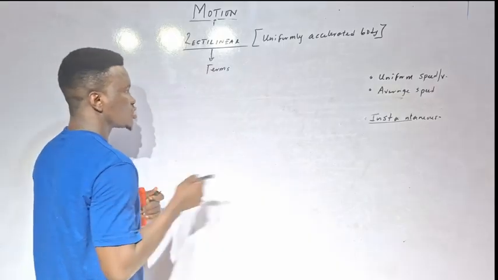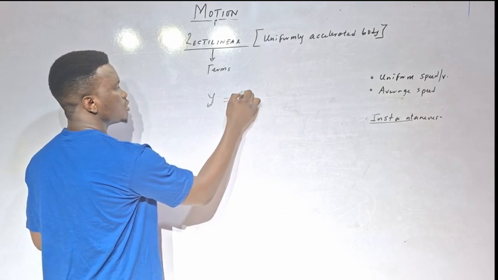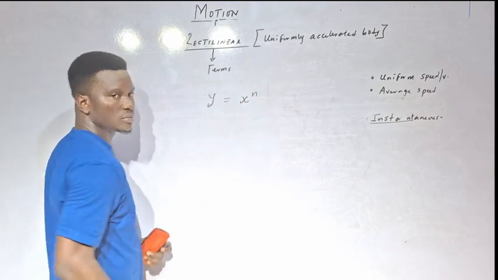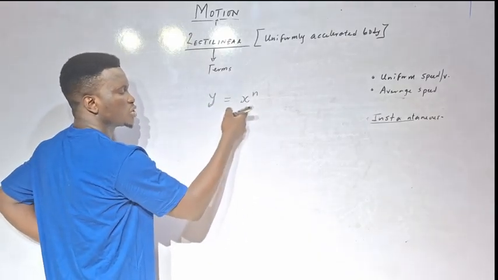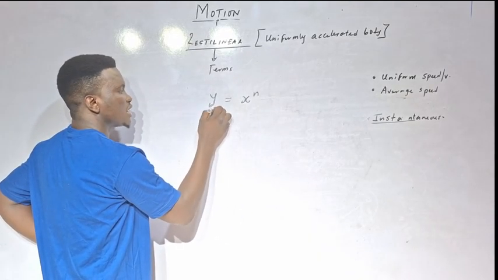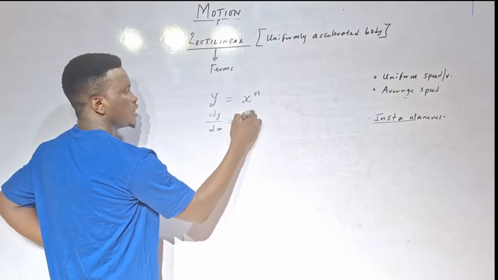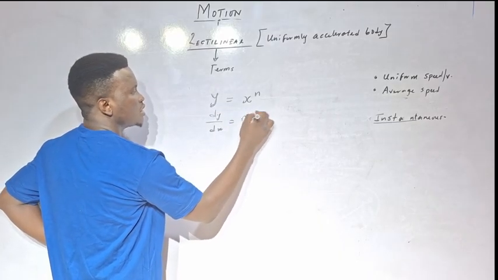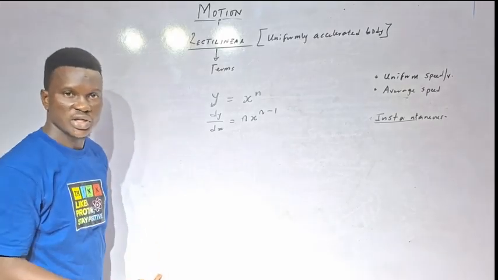In differentiation, if I give you that y is equal to x raised to power n, if I say y is a function of x, then that means dy/dx is going to give me n will come down, then that will be n x raised to n minus 1. That's how you differentiate.